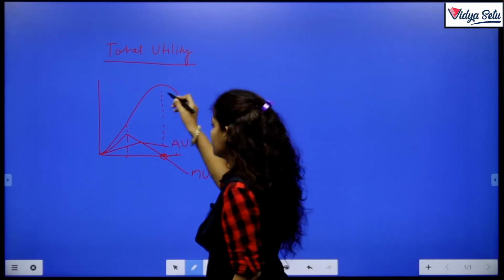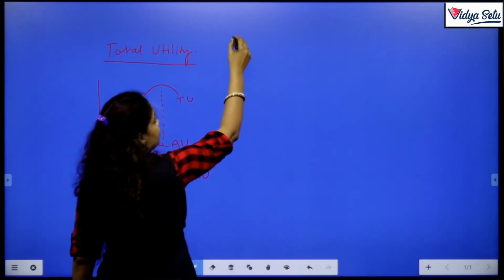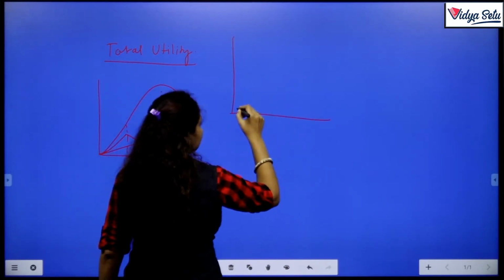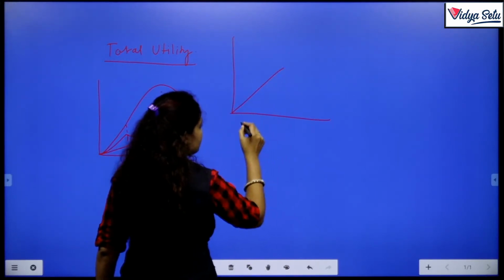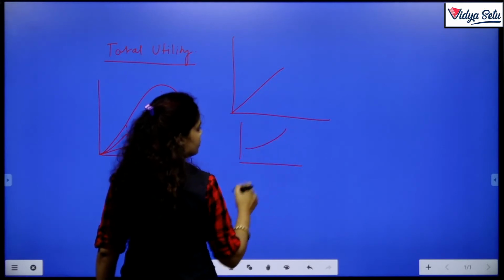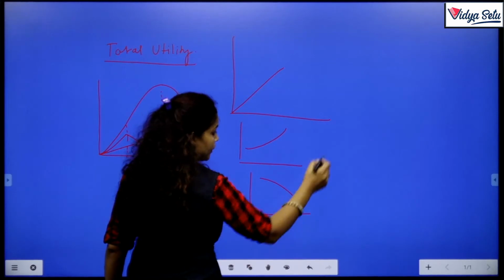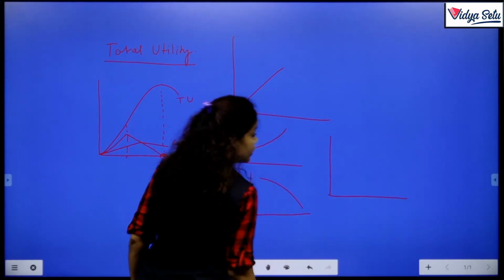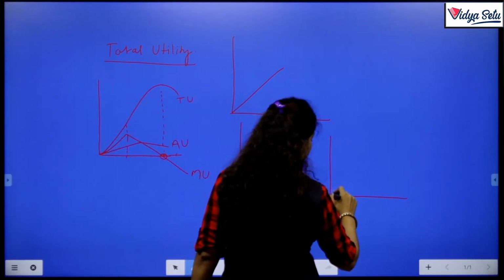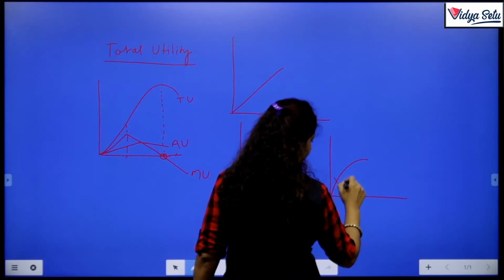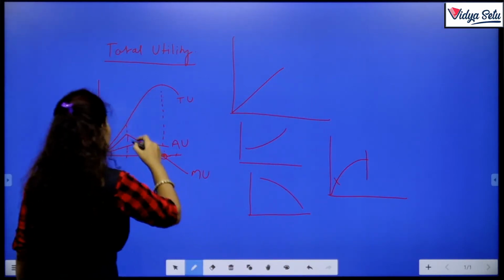So the slope of the curve is like this. When the curve is increasing, the curve is like this, and when it is decreasing, the curve is like this. When the curve increases with a decreasing rate, the curve will be like this.